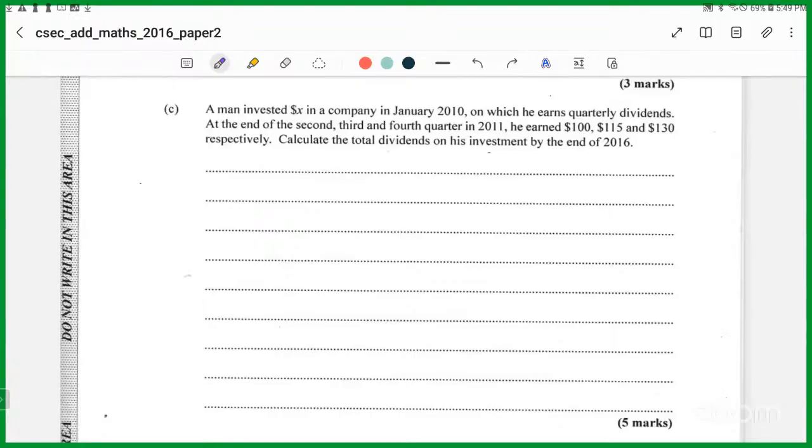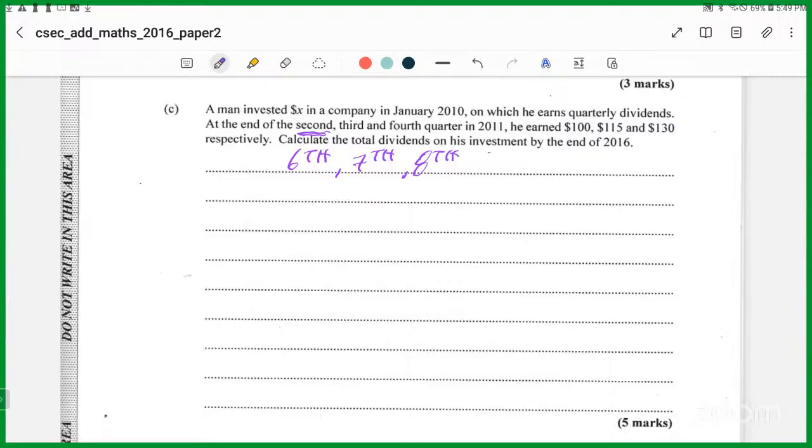So if you reach over 2011 and you reach the second quarter in 2011, that is the 6th term. You finish 4 quarters in 2010 and you reach the second quarter in 2011. So you're talking about the 6th, the 7th, and the 8th terms.